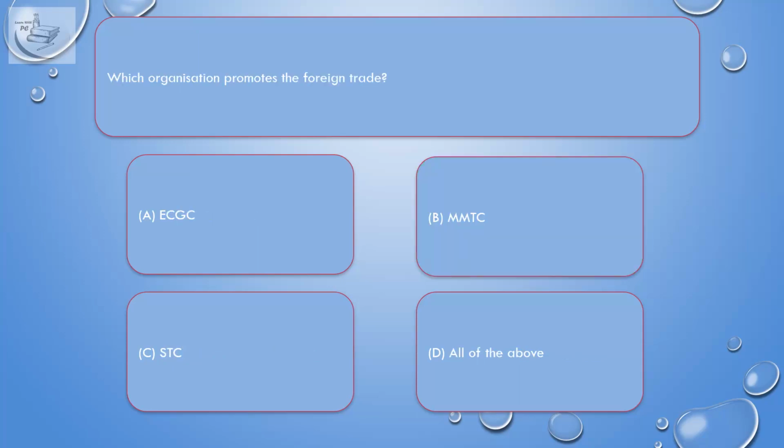Question: which organization promotes the foreign trade? A. ECGC. B. MMTC. C. STC. D. All of the above. Correct answer is A. ECGC. Question: which one of the following institutions related to export financing and insurance? A. ECGC. B. GAIL. C. CBDT.